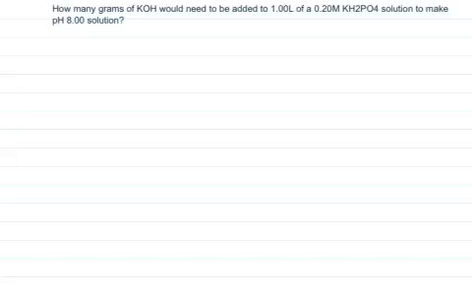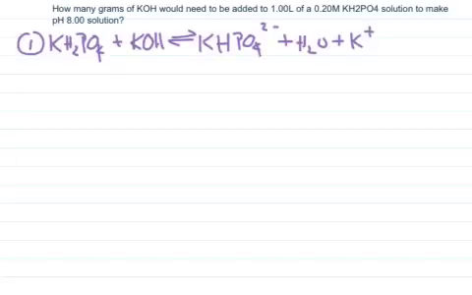How many grams of potassium hydroxide would need to be added to 1 liter of 0.20 molar KH2PO4 solution to make a pH 8.00 solution? Well, the first thing I'm going to do is make a balanced equation. I get KH2PO4 plus potassium hydroxide gives me K2HPO4 plus H2O.